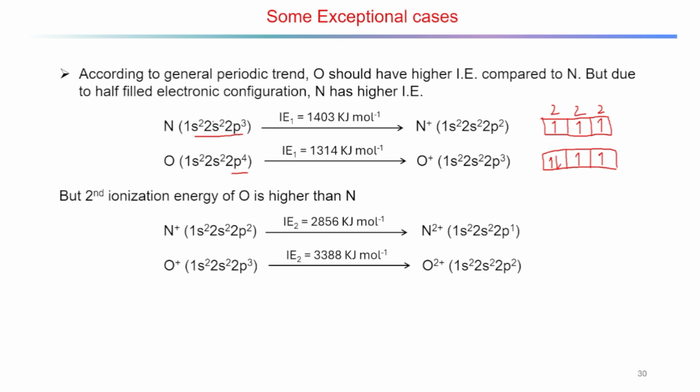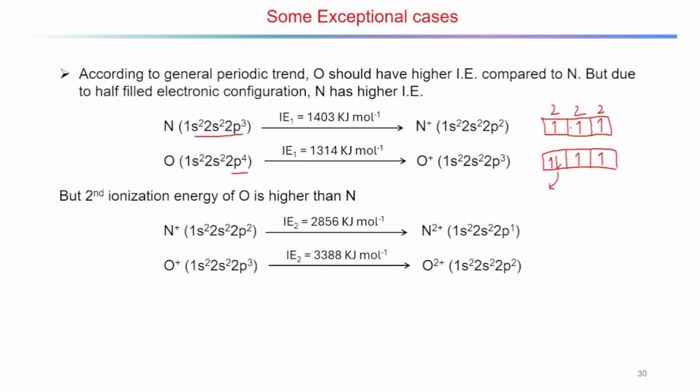Because of that fact, if we try to remove one electron from this nitrogen, the ionization energy will be much higher compared to the oxygen's ionization energy. So from oxygen, if we want to simply remove one electron, we can simply remove this electron. But from nitrogen, if you want to remove an electron, the exchange energy will decrease.